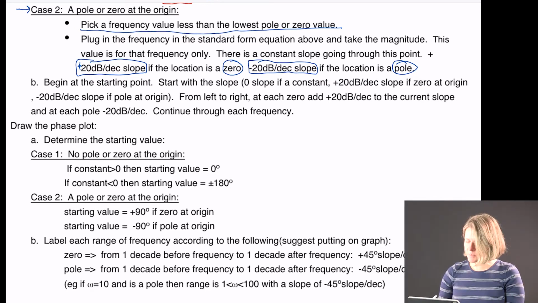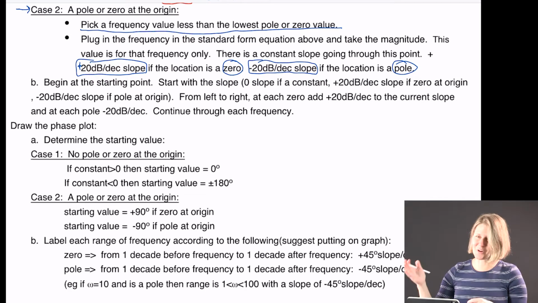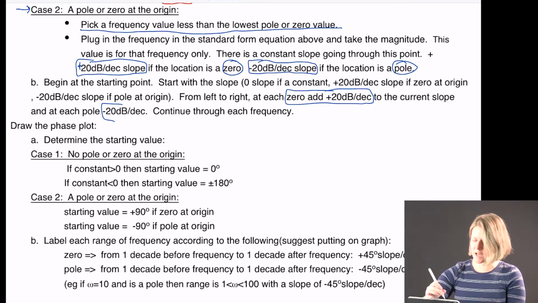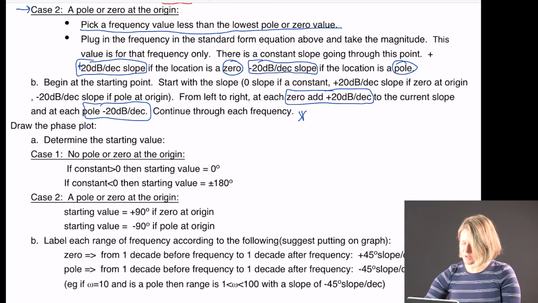Once it reaches a zero, you add an additional 20 dB per decade. If it's a pole, you add a negative 20 dB per decade. Note that you add this change to the existing slope.